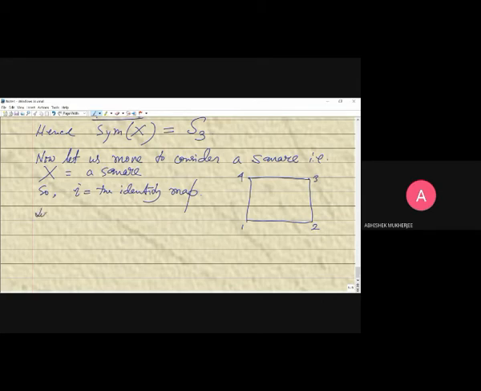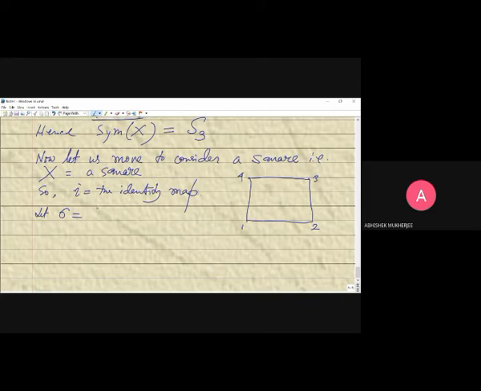So let sigma be that. Now we have seen that any symmetry will take vertices onto vertices, right, to preserve the distance, right?